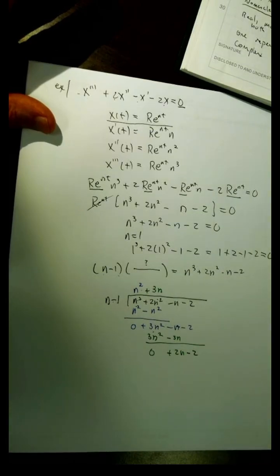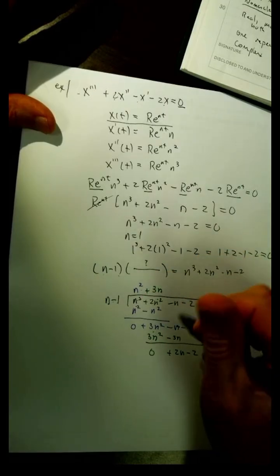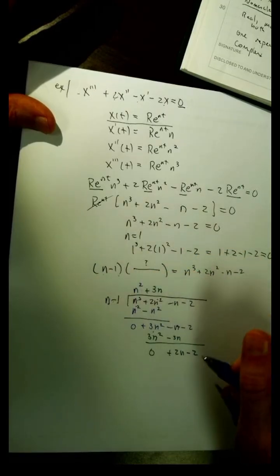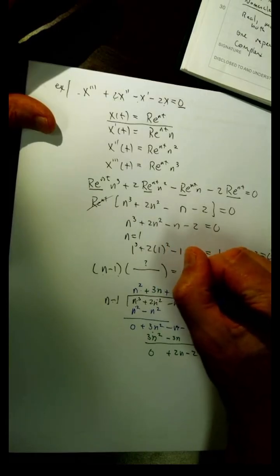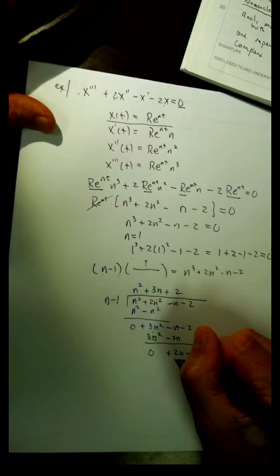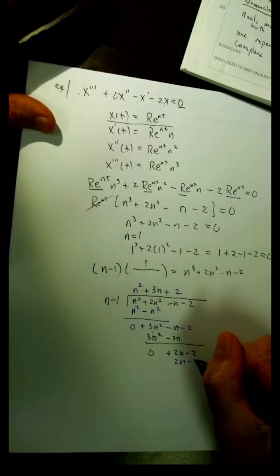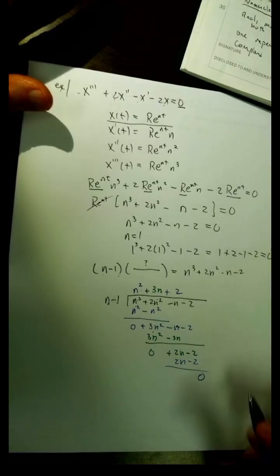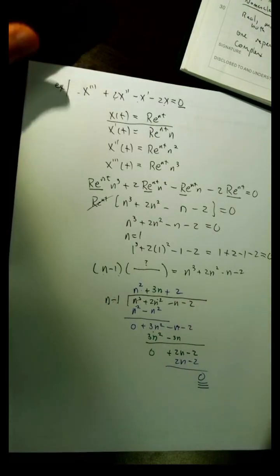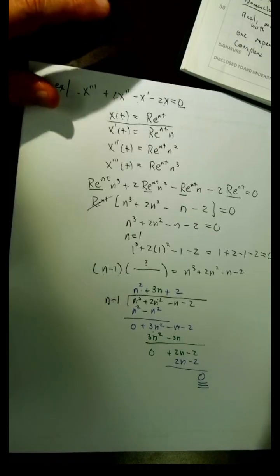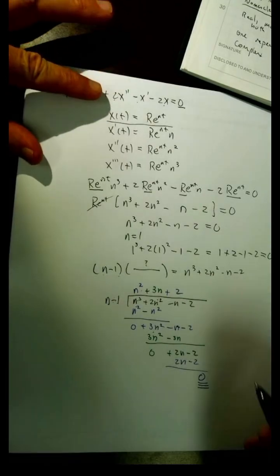And so finally, to get the 2n, I multiply n by 2. So 2 times n is 2n, and 2 times minus 1 is minus 2. When I subtract those, I get 0. If you do not get 0 there, you did something really wrong, and you need to go back and check your work.